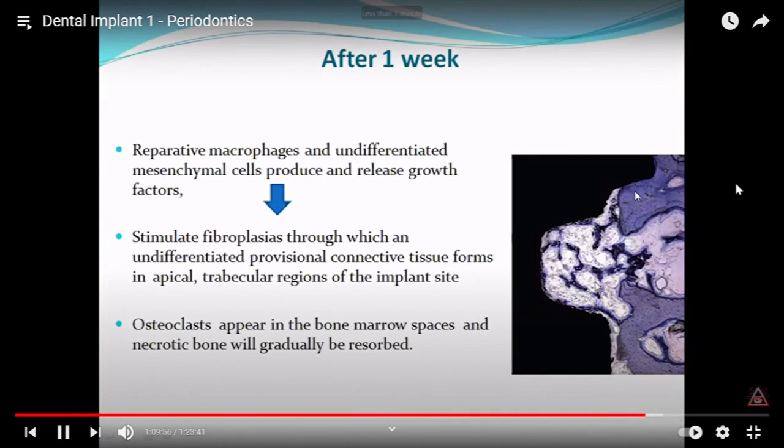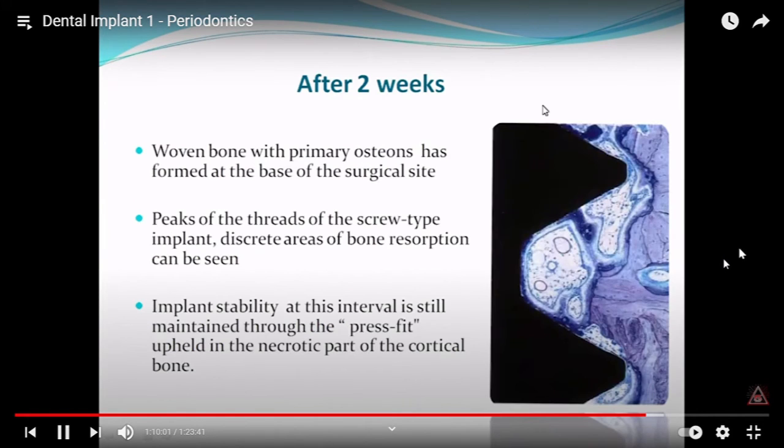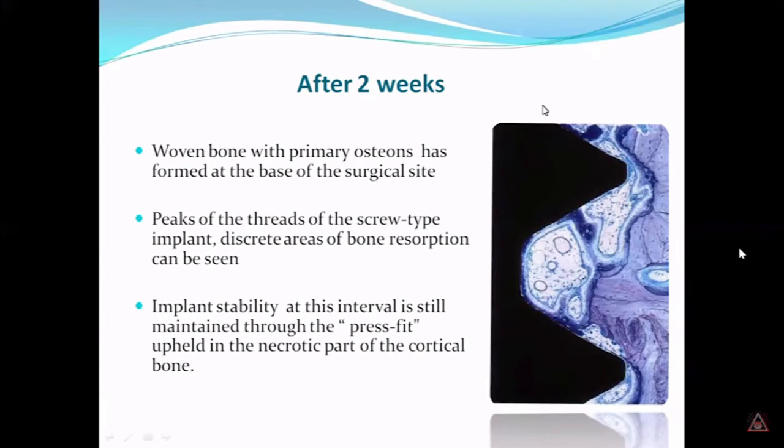And osteoclasts occur. Now osteoclasts, all of you know, appear after 2 weeks, with woven bone. So woven bone with primary osteons has formed at the base of the surgical site and at the peaks of the threads of the screw type implant. Discrete areas of bone resorption can be seen.